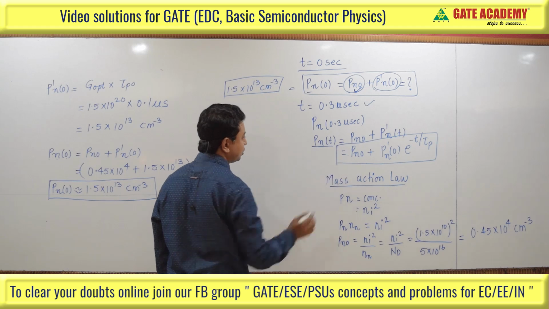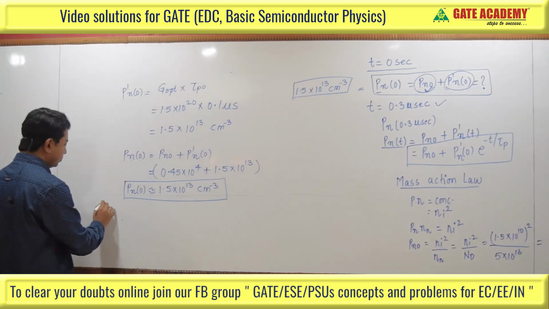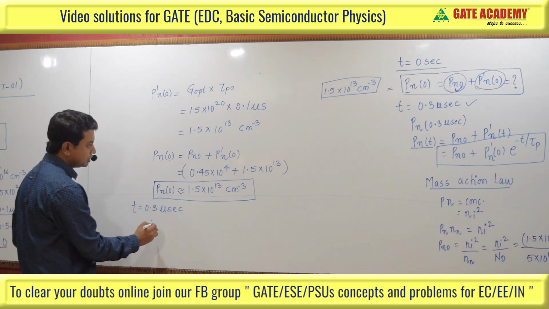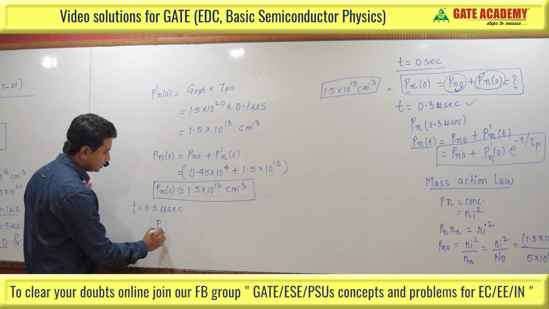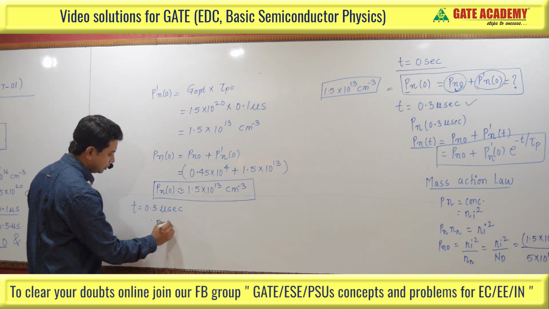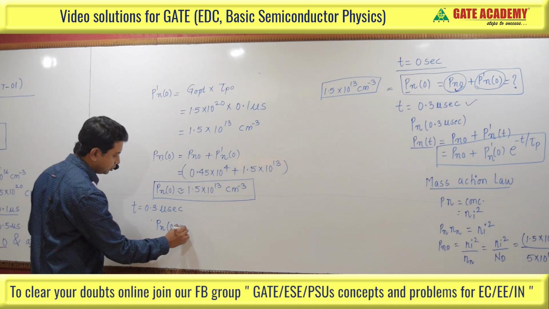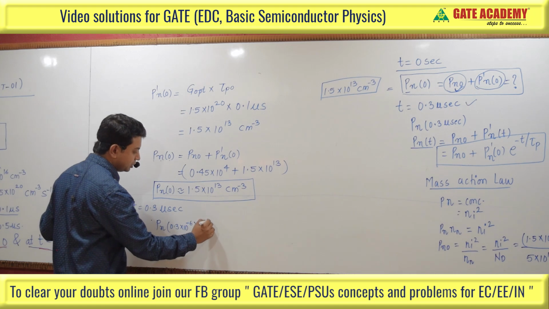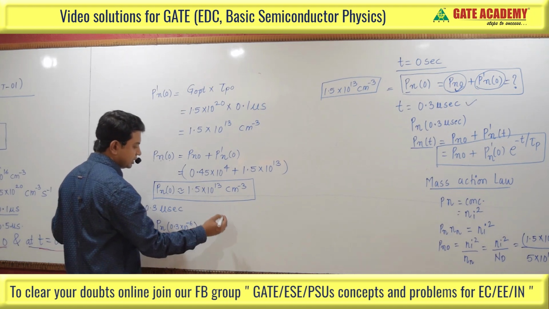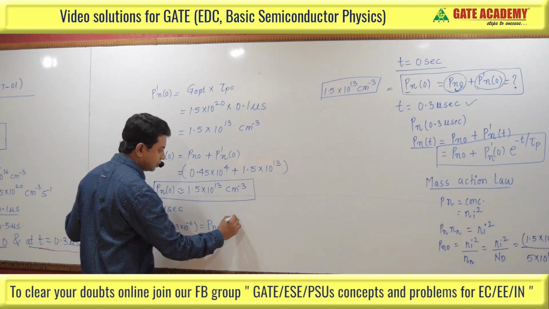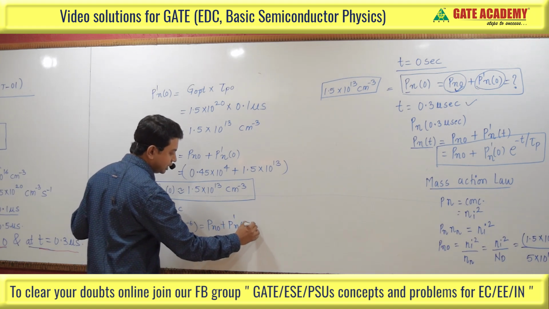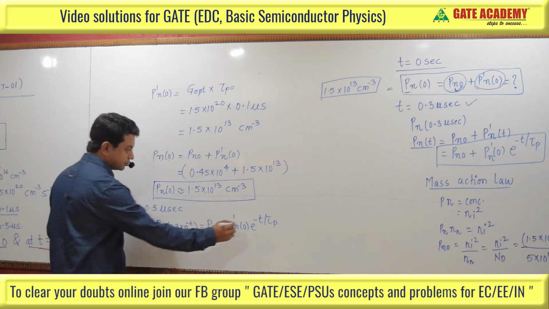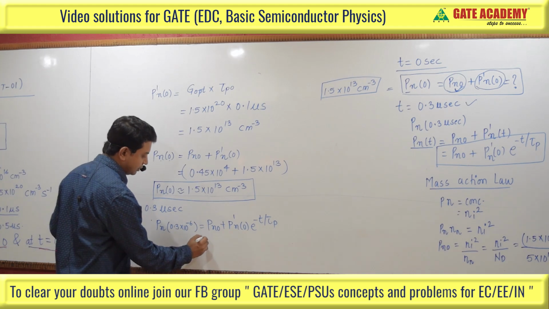For this we use the formula: the concentration of holes in n-type semiconductor at 0.3 × 10^-6, because it is given in microseconds, is equal to the initial concentration plus the excess concentration, which has the formula P dash n of 0 e raised to minus t divided by tau p, where tau p is the hole's carrier lifetime.